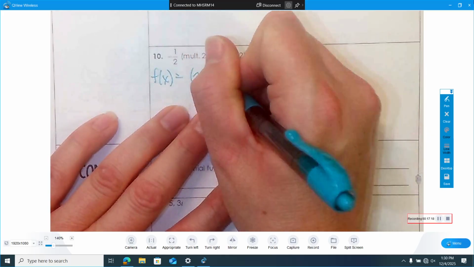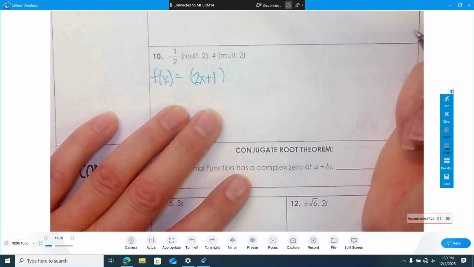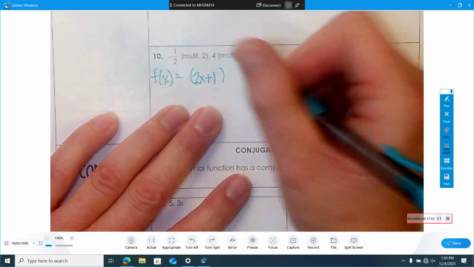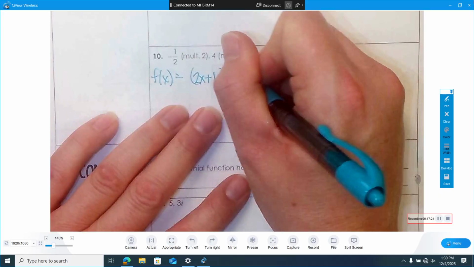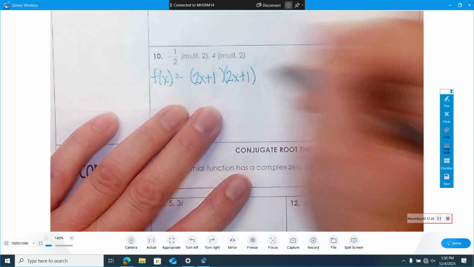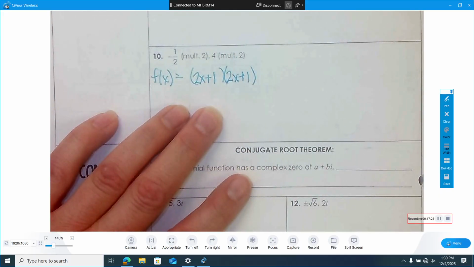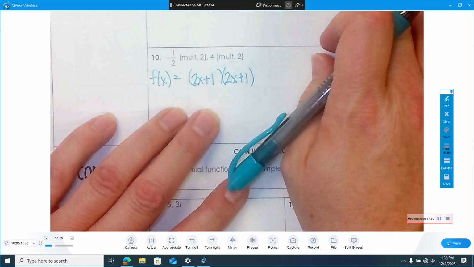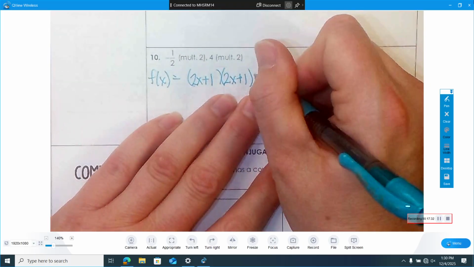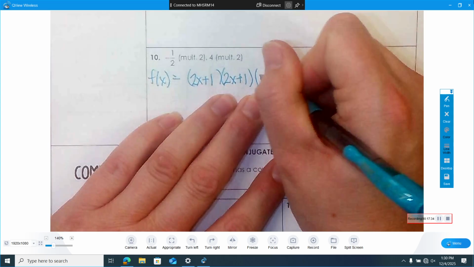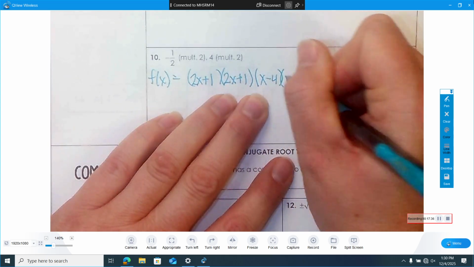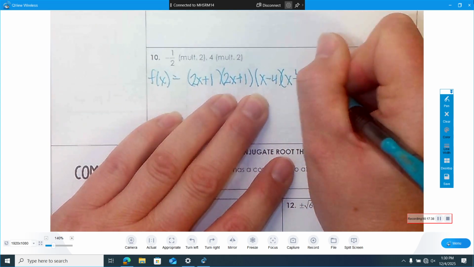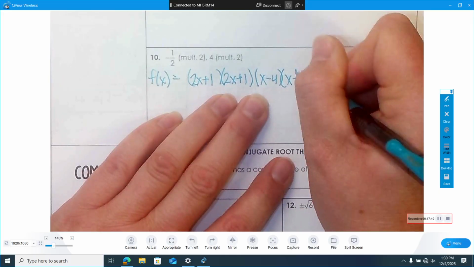Yeah, good, 2x plus 1. And you said if it's multiplicity 2, there's 2 of them. I could put a power of 2, or I could just write it 2 times, which I think is helpful. And then, if I have a 0 of 4, what bubble did it come from? X minus 4. And again, the multiplicity 2 means there's 2 of them, all right?